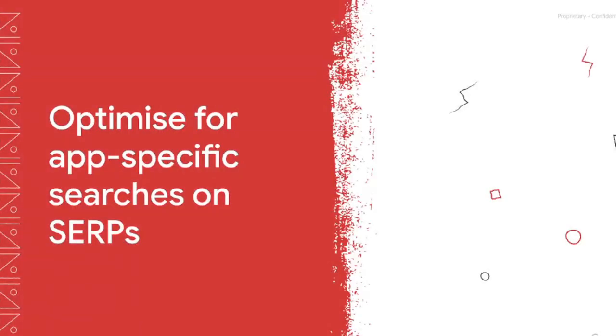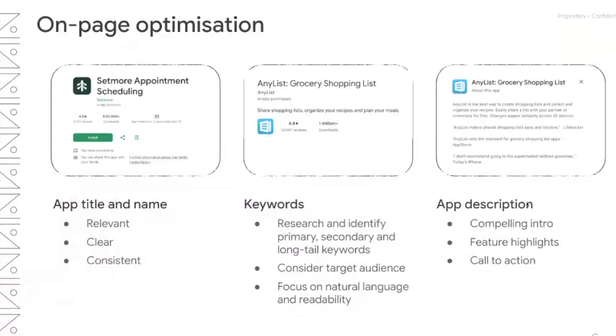And we're going to move on to the next section, which is optimizing for app-specific searches on search engine results pages, right? So now we're going to look at something that I briefly mentioned earlier on in the session, which is on-page optimization. And this is important for organic listings.